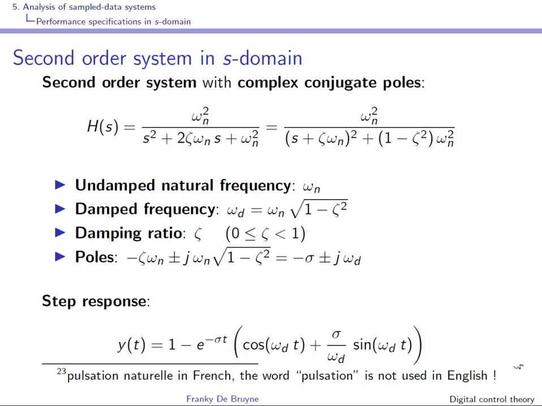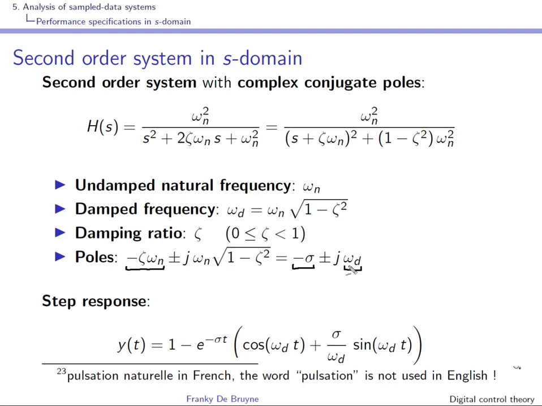Well, as you can see, the real part of the pole is minus zeta omega n, and we'll call it minus sigma, and the imaginary part is really the damped frequency omega d.